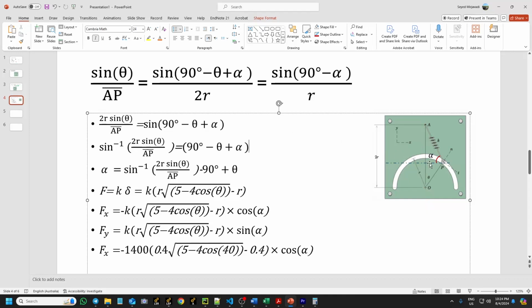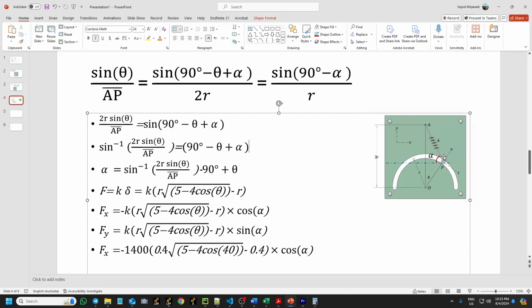And this angle also, since it is theta, this is 90 degrees, and this will be 90 minus theta. So this big angle, OPA, is 90 minus theta plus alpha. So we need to know the amount of each angle for all three corners of the triangle, and then we will put them in the sine rule formulas.